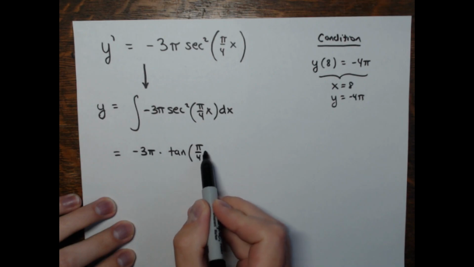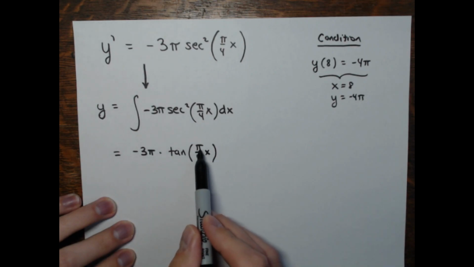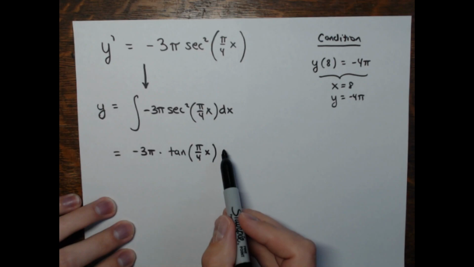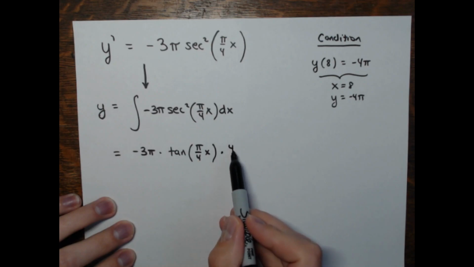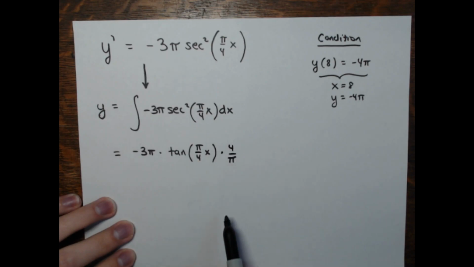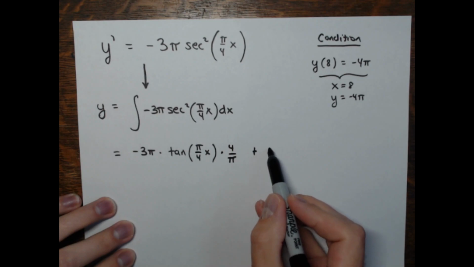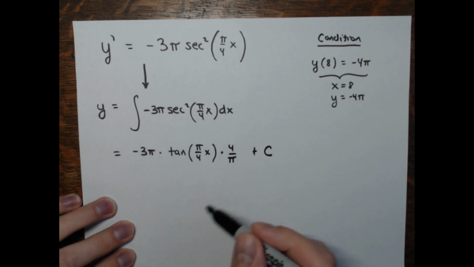So the tangent of pi over 4 times x, but then you have to reverse the chain rule here. When I differentiate this, I'd multiply by pi over 4. So to undo that, I have to multiply by 4 over pi afterwards. It's like the reversal of the chain rule with linears inside. And then, of course, plus any constant here, and we'll do some simplification.